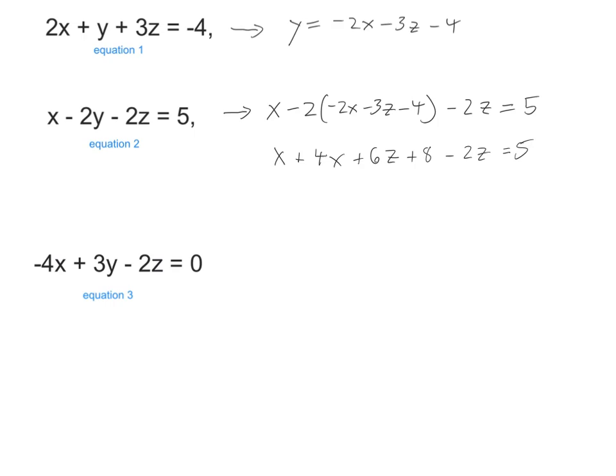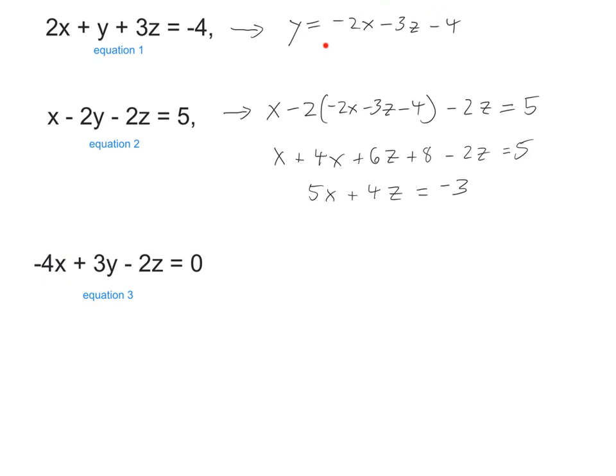X plus 4x is 5x. 6z minus 2z is 4z, so that's plus 4z. And then I have an 8 on one side and 5 on the other, so I can write that as equals negative 3. So that's what I got when I take this expression for y that I just found and substitute it into equation 2.